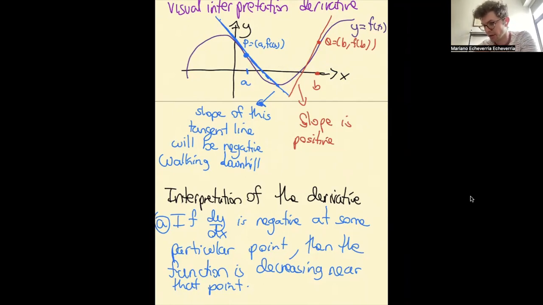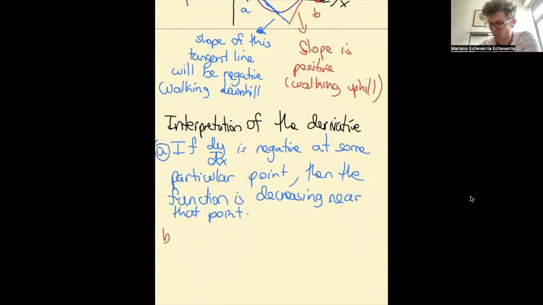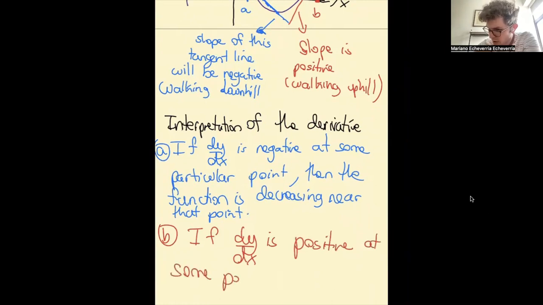So here you're walking uphill. So if dy/dx is positive at some point, then the function is increasing at that point.